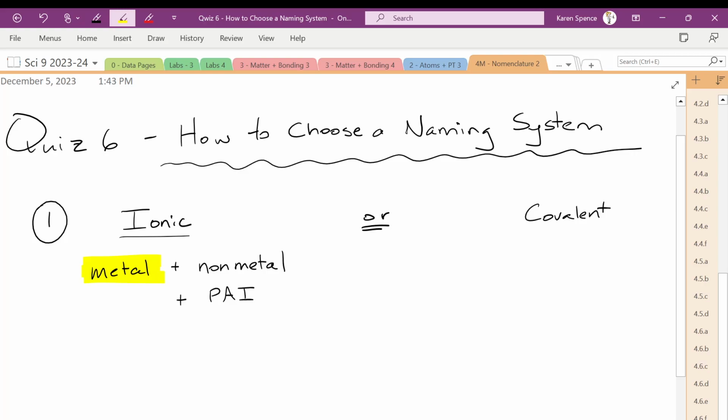Is there something else we could have there instead of a metal? Is there another positive cation that is not a metal? And where might you look to find it?